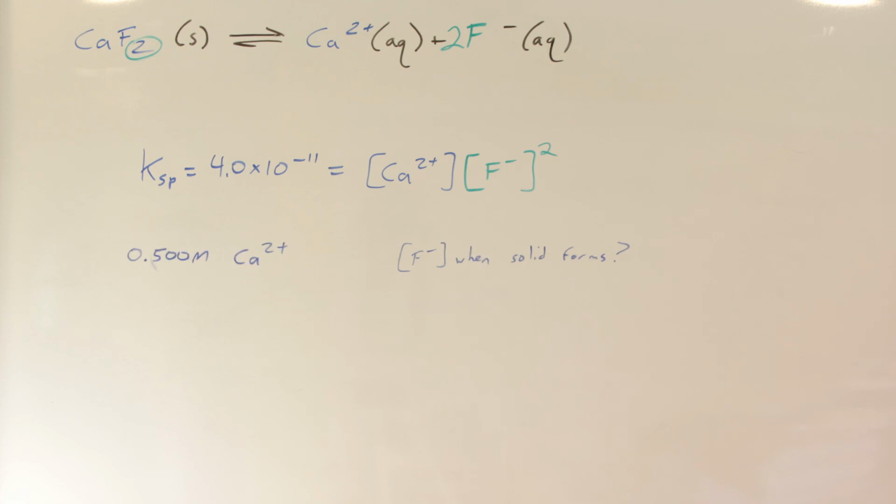Here's what that looks like. If I started with a solution of calcium at 0.5 molar, very similar to the example we did earlier, at what point in the fluoride concentration do I see a solid? Again, this is where we're going to get to Q equals K, so I'm looking for the fluoride concentration directly from this expression. That's exactly what I'm going to solve it for.